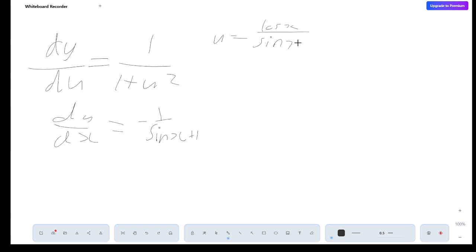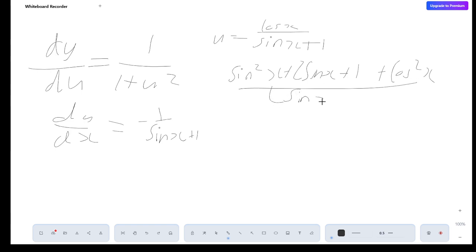Alright, very nice. Now all we need to do is apply it, and using my mind, you can just see binomial expansion: sin x plus 1 squared plus cos squared x, all over (sin x plus 1) squared.